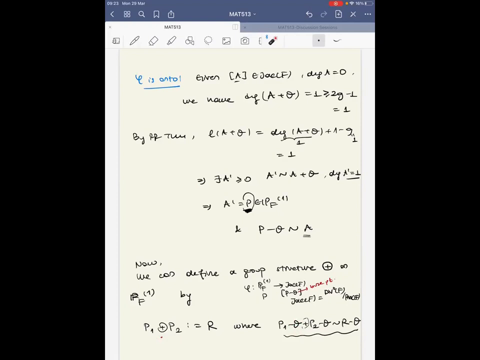But the group theoretical structure of the set of rational places is independent of this choice. So always we can choose a degree 1 place, fix it as a base point, and always we can identify this bijection and this group structure. But in particular, it depends on the choice of the base field.